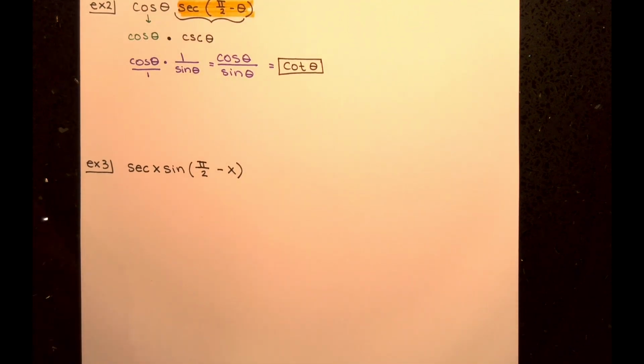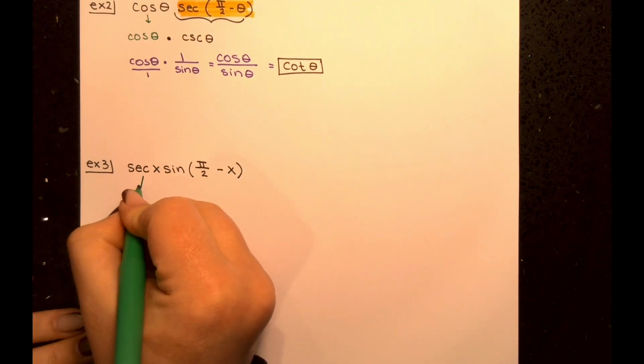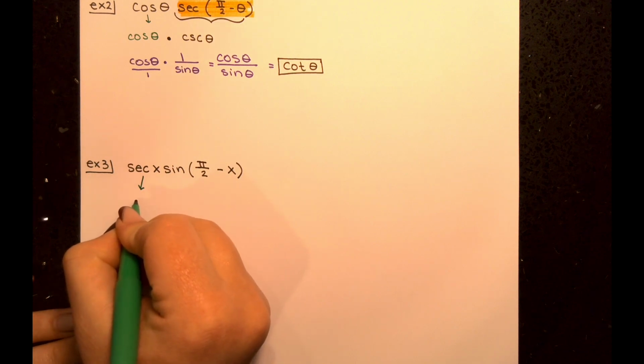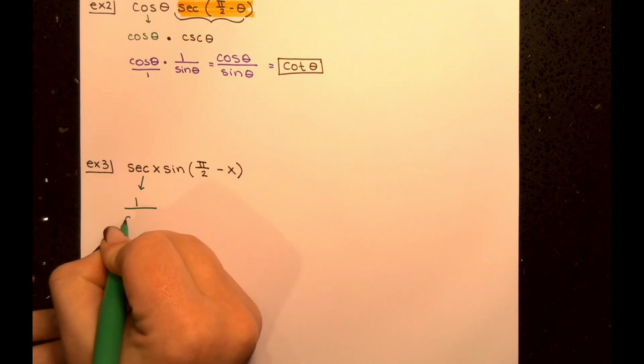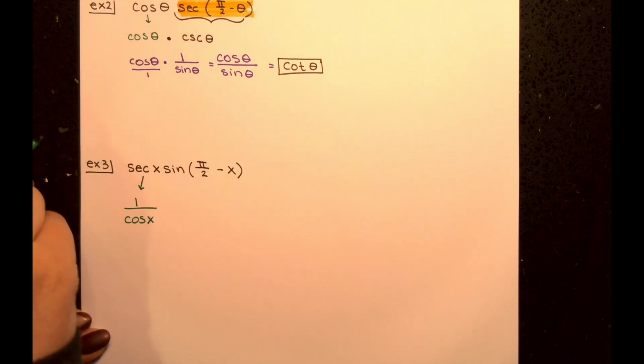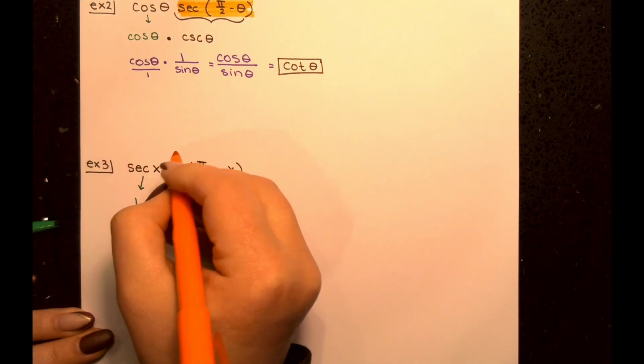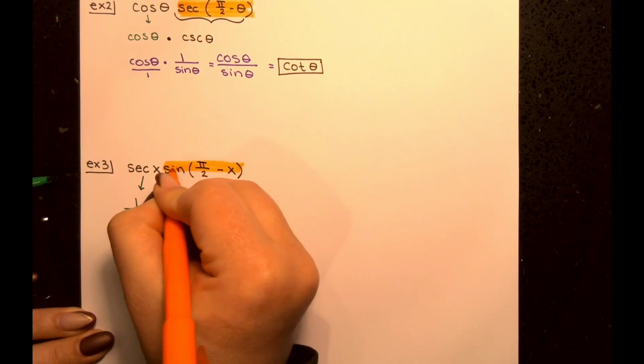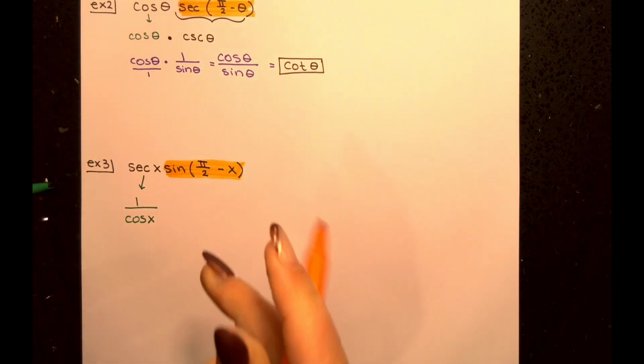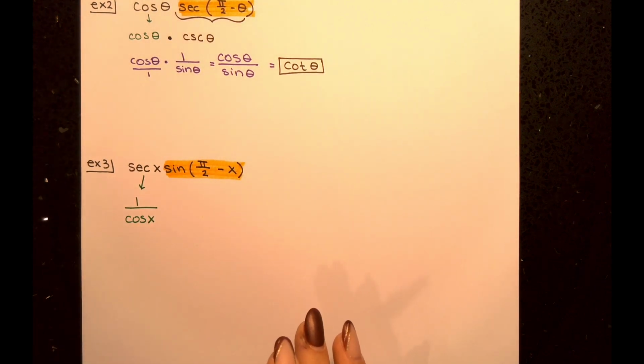Next one, similarly, we have secant. Secant is the reciprocal function of cosine. Sine of pi halves minus x. Now they did not use theta here, they used x, which is okay, not the end of the world. It's the same thing.